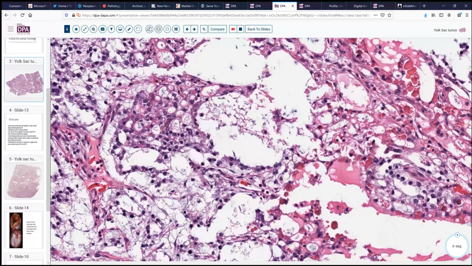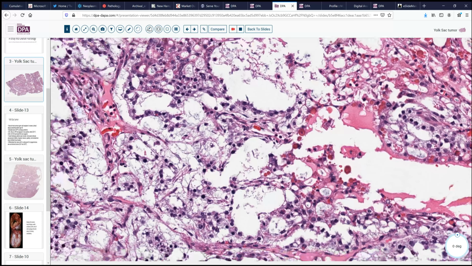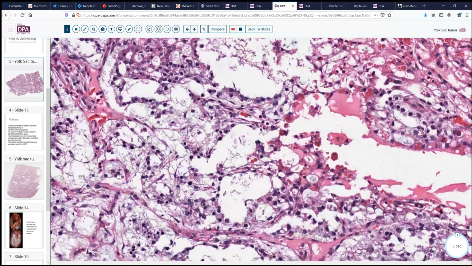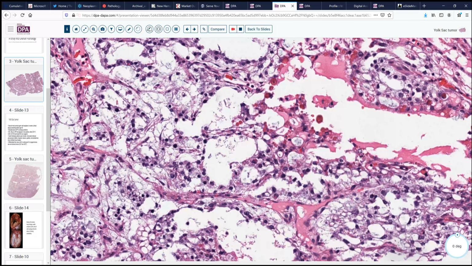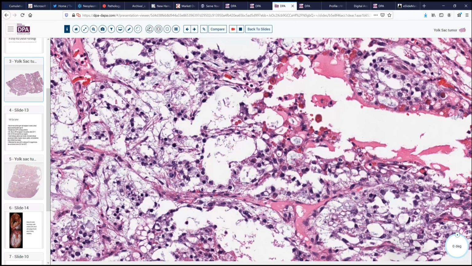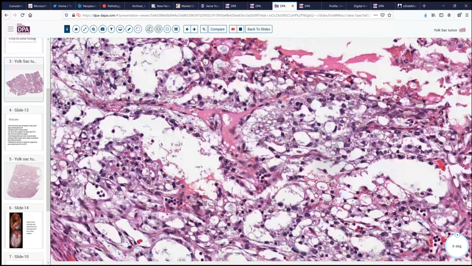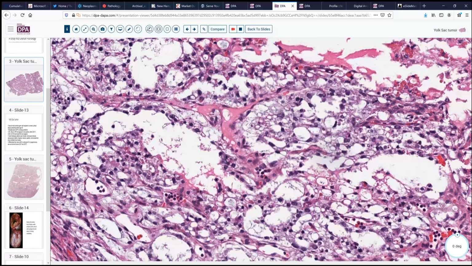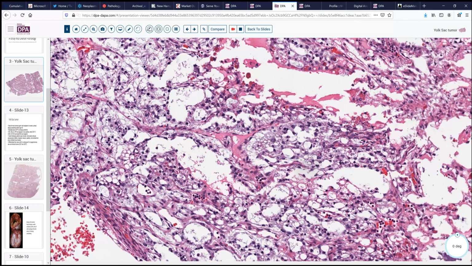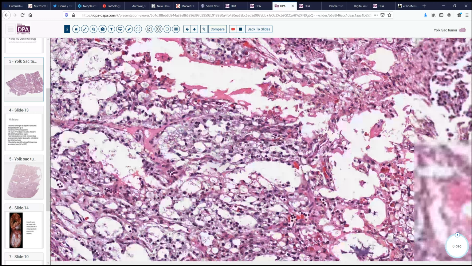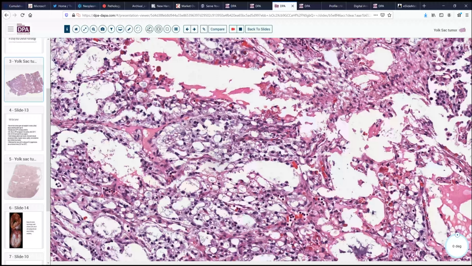So given the history of elevated serum AFP, our primary consideration, of course, in a germ cell type tumor of this sort would be yolk sac tumor. And in fact, that is what we're looking at. This is the most common pattern with yolk sac tumors of the ovary, this reticulated microvesicular type of pattern.